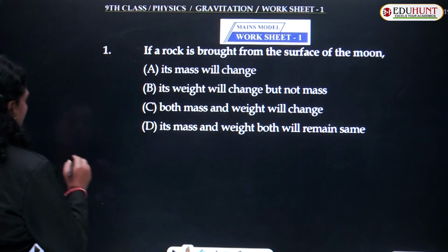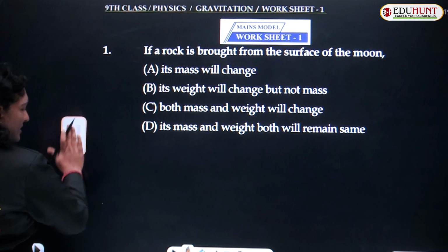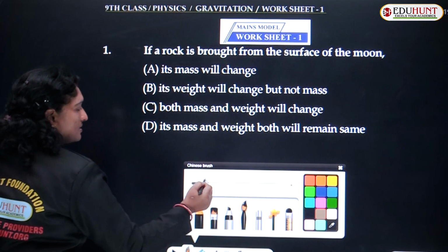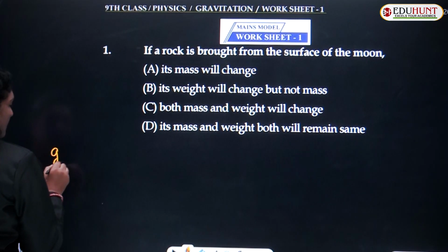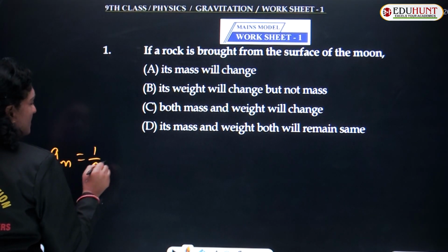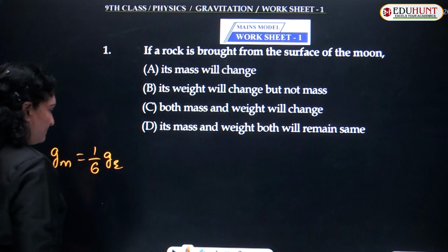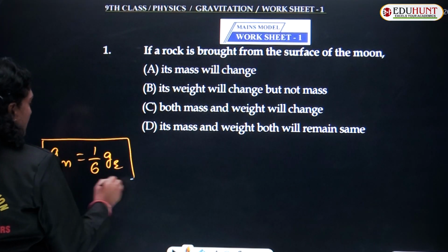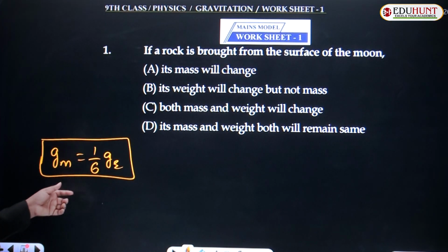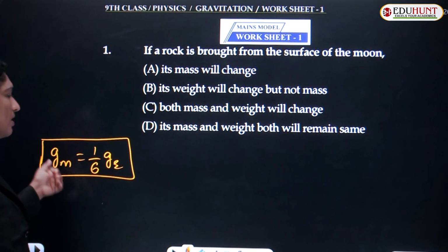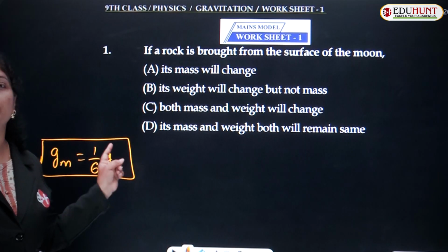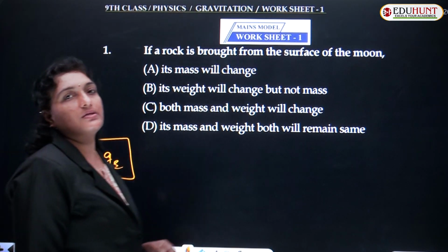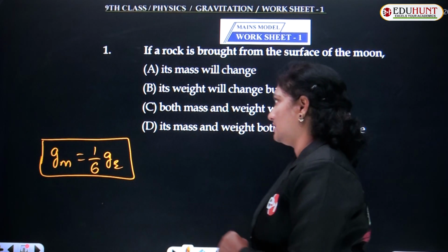That means gravity on the surface of the moon is lesser as compared to the gravitational force on the surface of the earth.